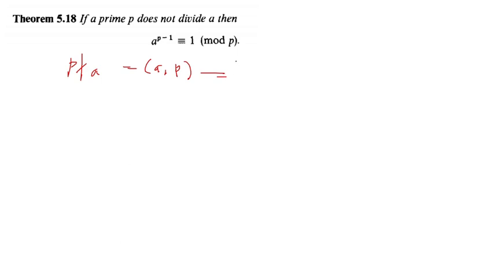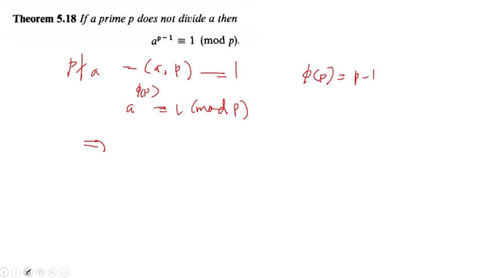Then we can use the previous theorem. If GCD of a and p is 1, a raised to phi of p is congruent to 1 mod p by the Euler-Fermat theorem. Now, phi of p is nothing but p minus 1, for any prime p, since the Euler totient function phi of p is p minus 1. Therefore, we can rewrite this as a raised to p minus 1 congruent to 1 mod p.